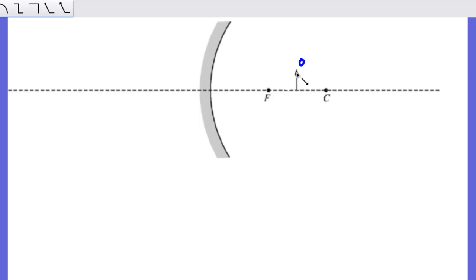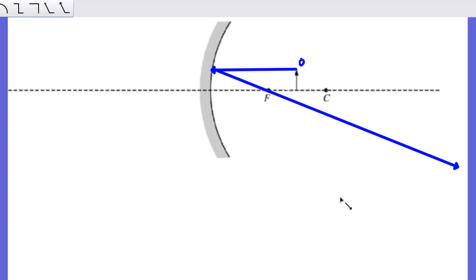So you can see my first rule is exactly the same, whether it is a mirror or a lens. Here it went to the mirror, and guess what happens? Bam! It reflects. It doesn't refract, it reflects because it's a mirror, through the focal point. That was my number one rule.